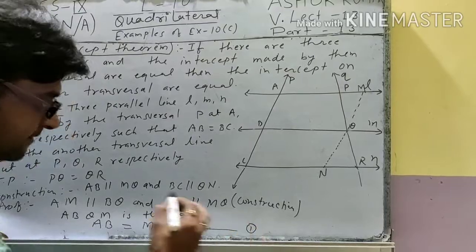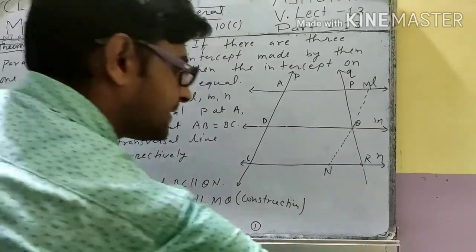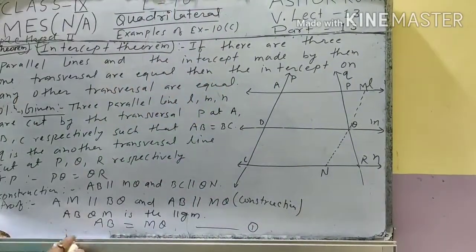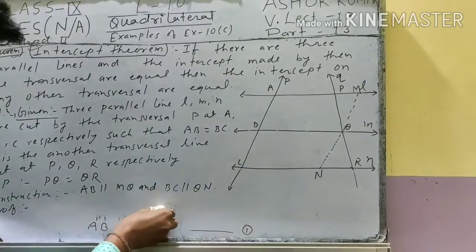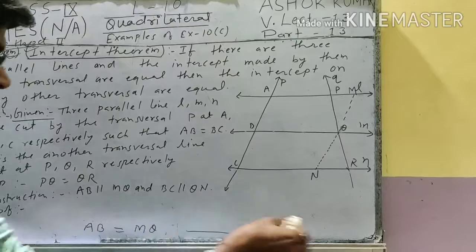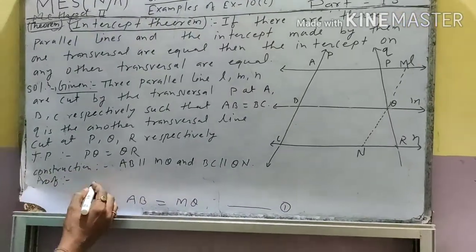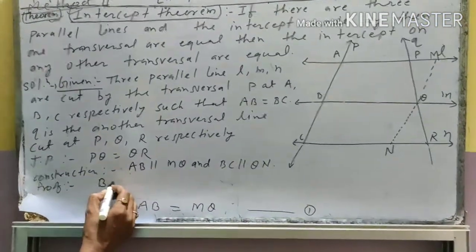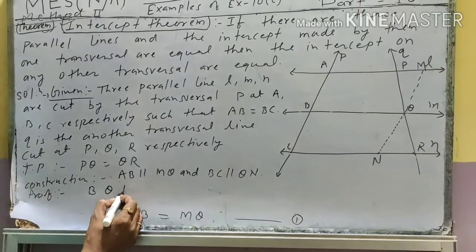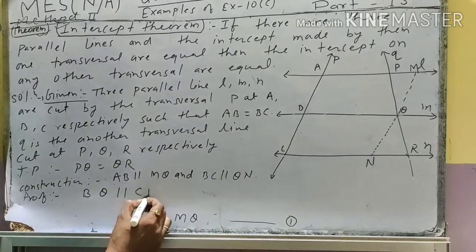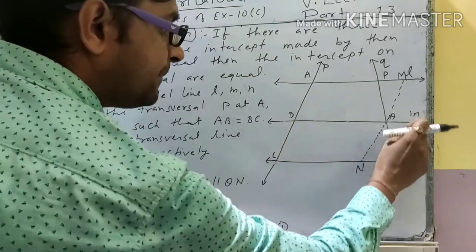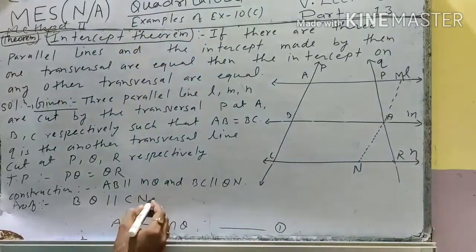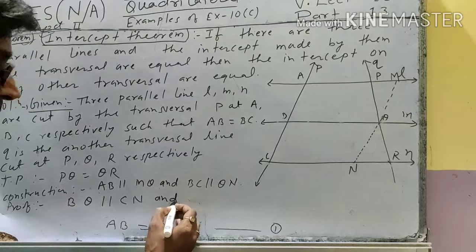This is equation first. In second, student, we can write here BQ is parallel to CN because M is parallel to N, and this is the given information.